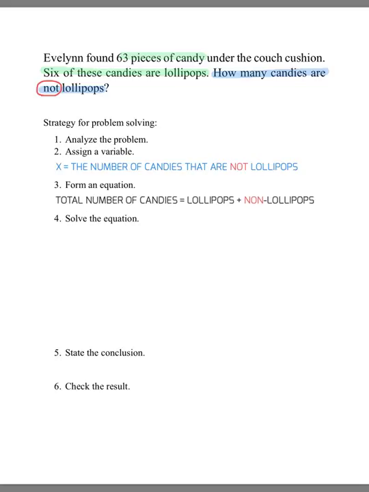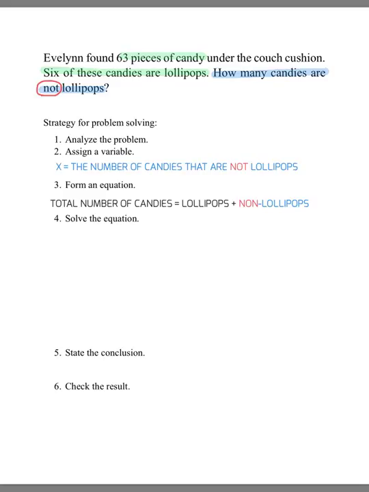Okay. And keep in mind that what we want to find is the number of non-lollipops. So maybe I can color code that a little bit better. Non-lollipops, let's make that blue. There we go. Okay, now it matches up.